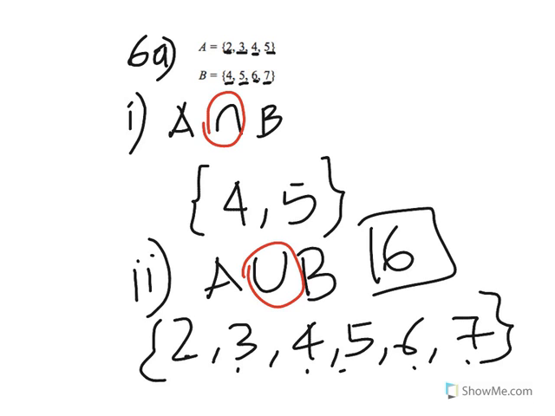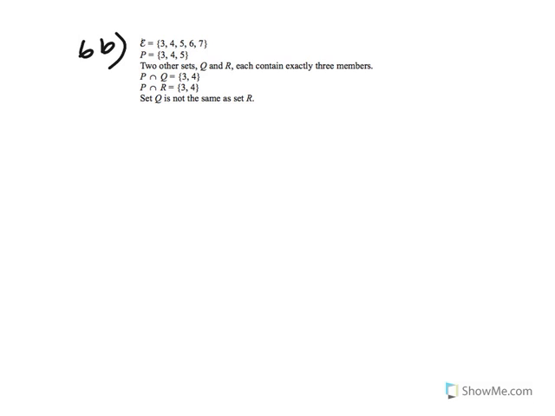Alright, so question 6b has given you sets, and they've stated things, and question 6b1 is asking you to list the possible members of a set Q. So first of all, let me describe each set. This squiggly symbol over there is basically all the numbers possible, so all the possible numbers that can exist in this question.